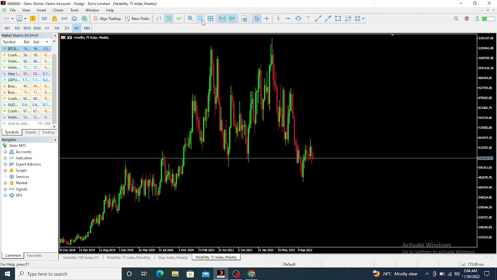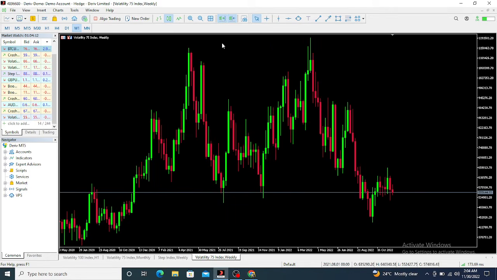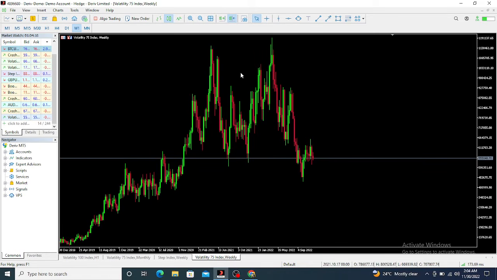So we scale down to our weekly time frame. Yes, so here on our weekly time frame, I think we can find some areas. We had a bounce here, a bounce here, a bounce here, a bounce here, and more like a bounce here.